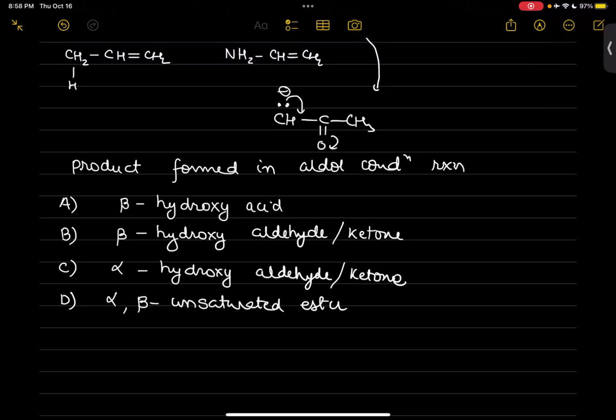Either you can write the aldol for any of the aldehydes or ketones, or you need to remember. Yeah, tell me. Option B. Option A, beta hydroxy acid, no. B. Yeah, yeah. So why option B?